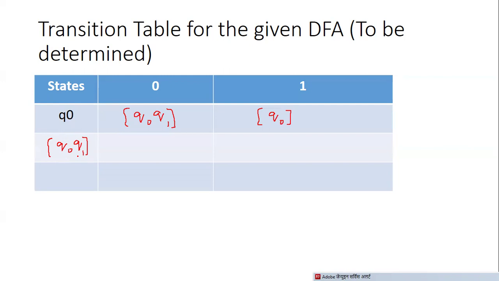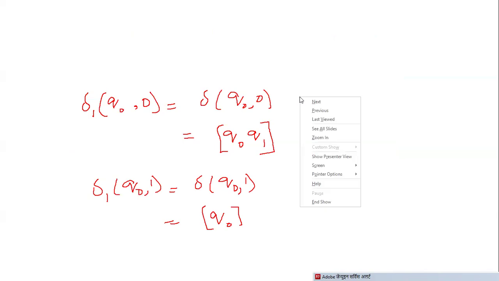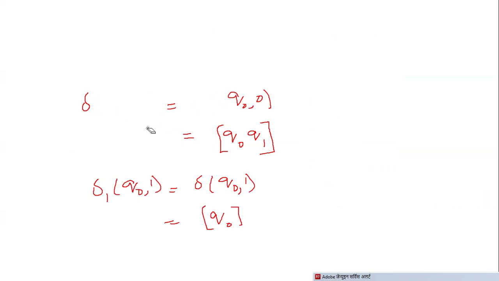So how can I determine? Let us erase this. Now, see, del 1 of q naught q1 comma 0 will be equal to del.